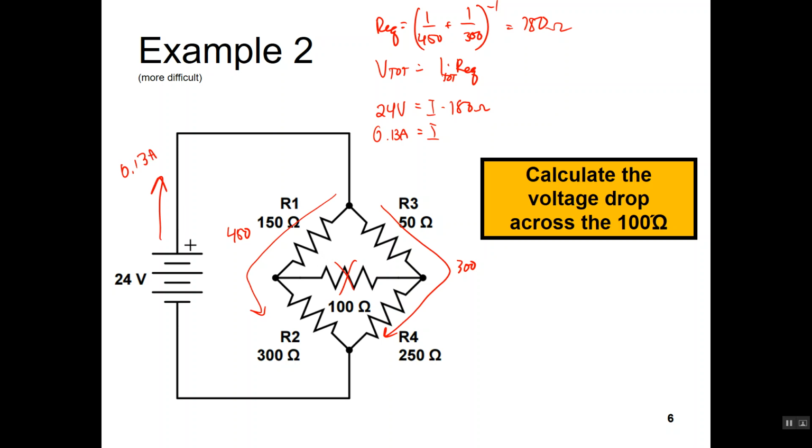I can figure out my voltage drop across each resistor. So if this was in parallel, therefore this is going to have a 24 volt start and a 0 volt finish. And I can figure out my current going on the left. My current going on the left is going to be 24 volts. This is exactly like what we did in the last slide, right?